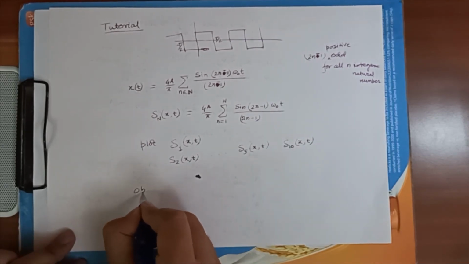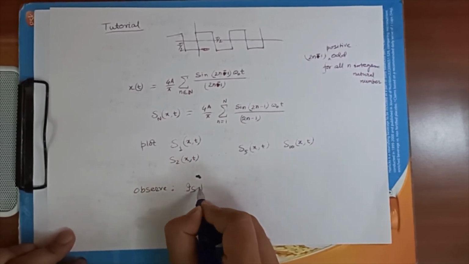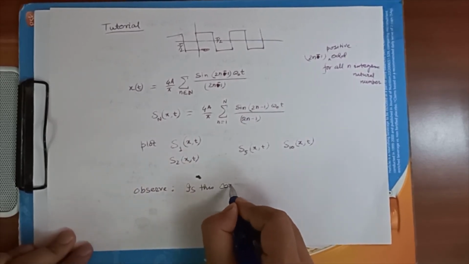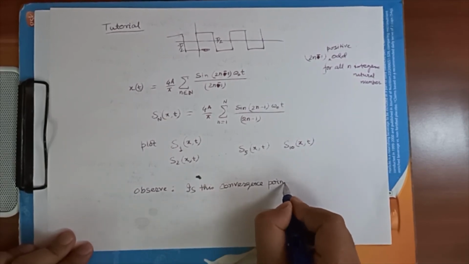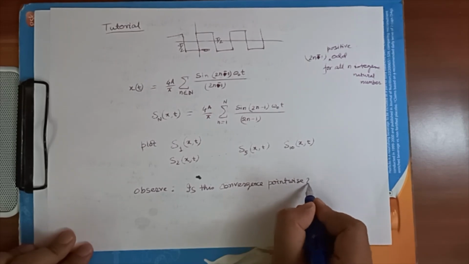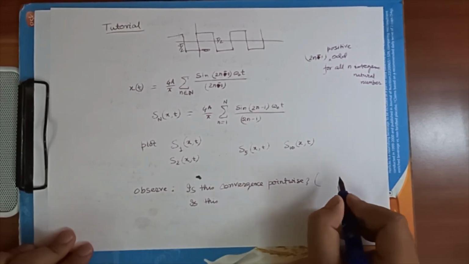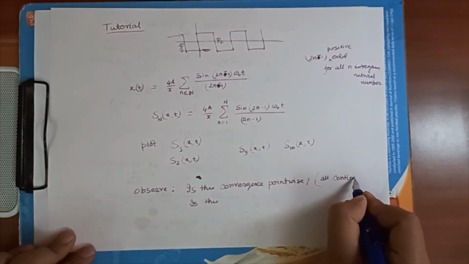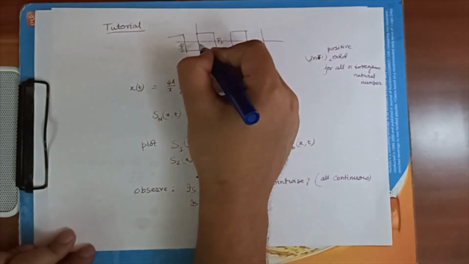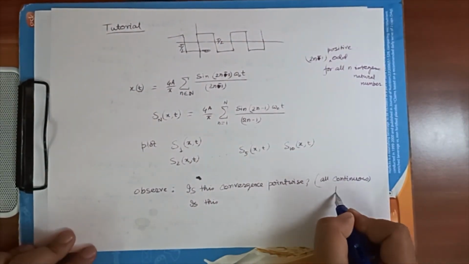Observe another thing: is this convergence pointwise? And is this convergence uniform? Pointwise means you can check all continuous points. I am not asking you to check the convergence at the transitions where you have a discontinuity, but at least all the continuous points.